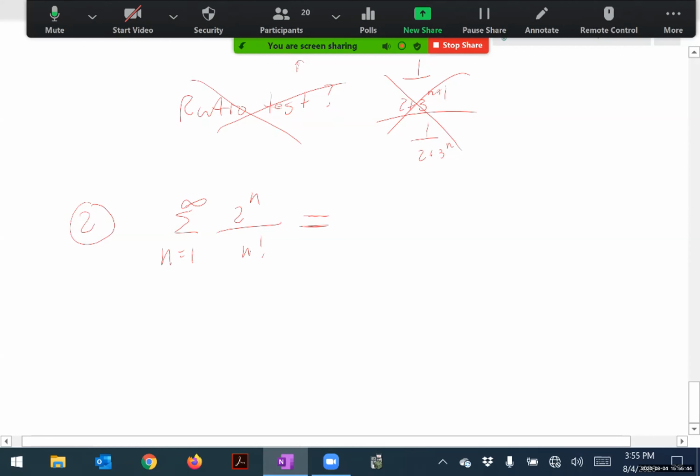Does everybody know what a factorial is? When I do n factorial, that's n times n minus 1 times n minus 2, all the way to 3 times 2 times 1. Does that make sense? That's n factorial.